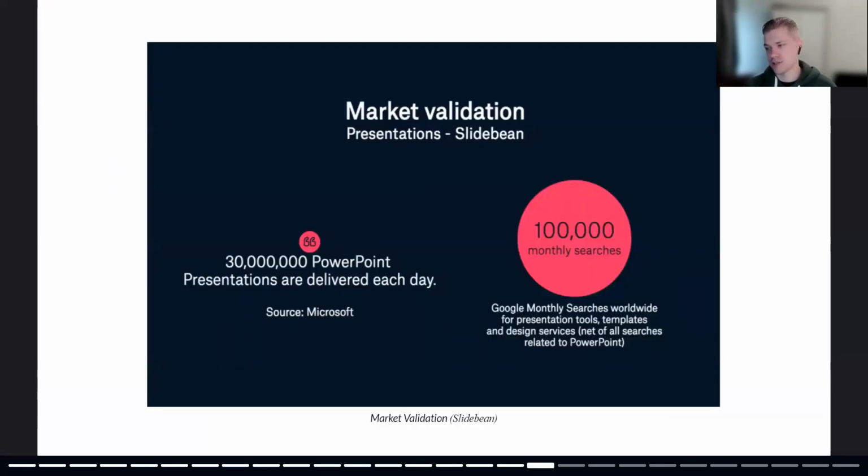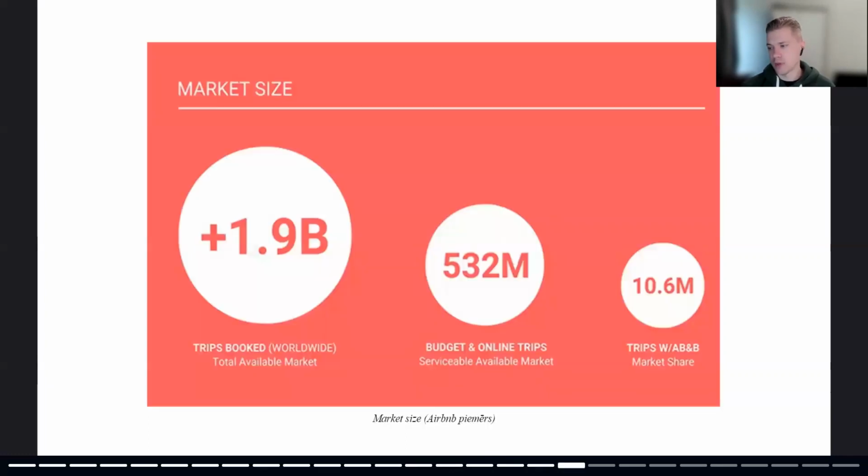Similarly with this service slide, they showed how many Google monthly searches there are worldwide about presentation tools. And this kind of statistic about monthly searches in Google, you can also find online for any idea. So it's possible to get the statistics.